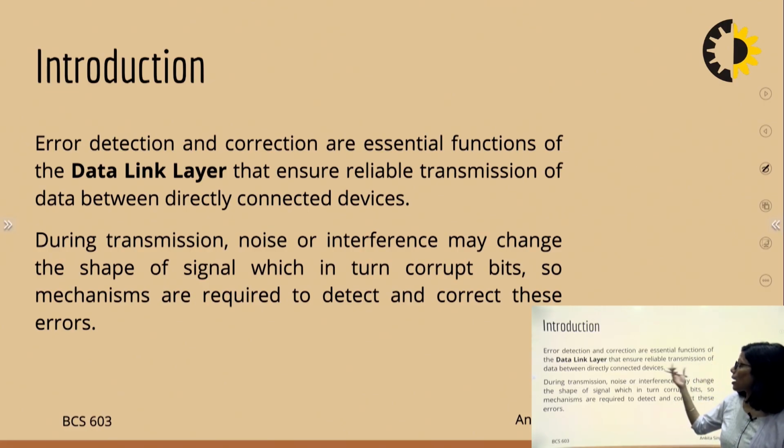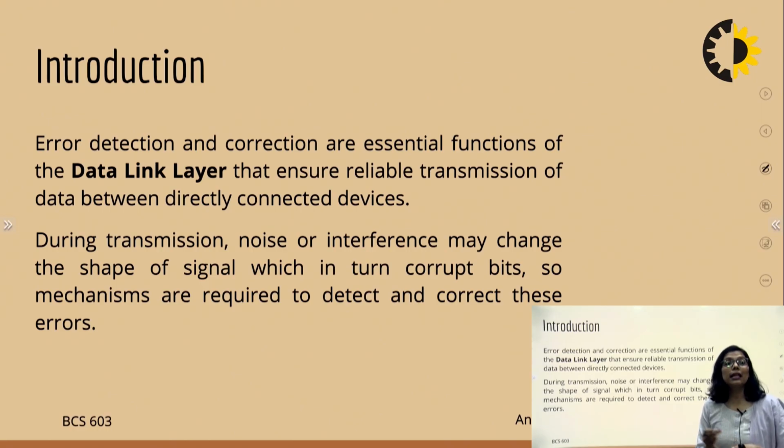Error detection and correction are essential functions of the data link layer, and they ensure the reliable transmission of data between devices. Whatever data I'm sending from my side should be received correctly, in the correct form, on the receiver side. Now, the data can get corrupted during transmission. In the physical layer, when the raw bits are transmitted through the communication medium, due to noise or interference, the signals might get corrupted, because we are converting those bits into signals.